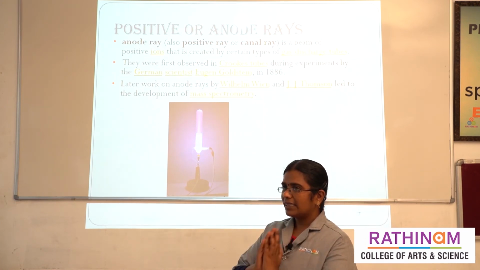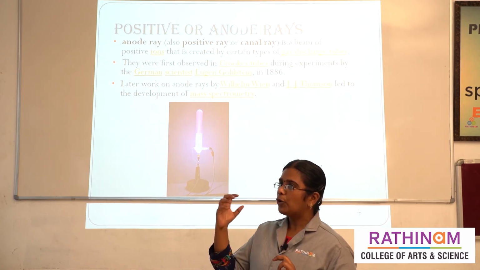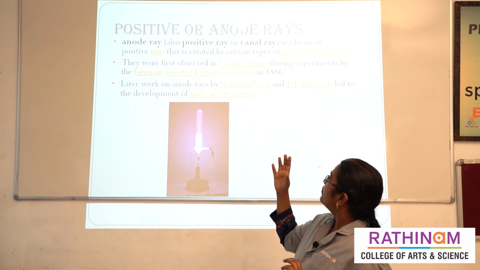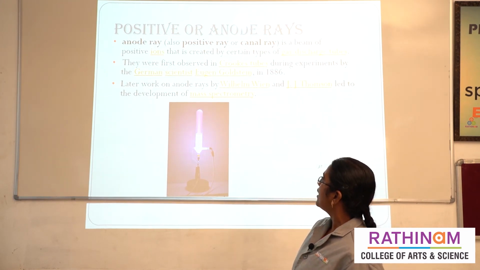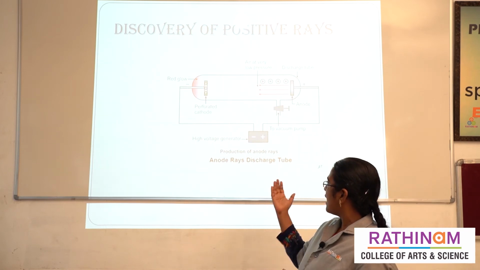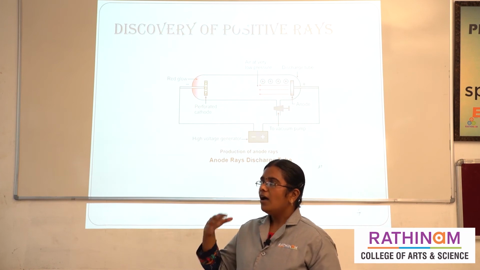An anode ray is nothing but a stream of positive ions which travels from anode to cathode. Goldstein was the first scientist who discovered anode rays. Again using a gas discharge tube, we can produce anode rays.